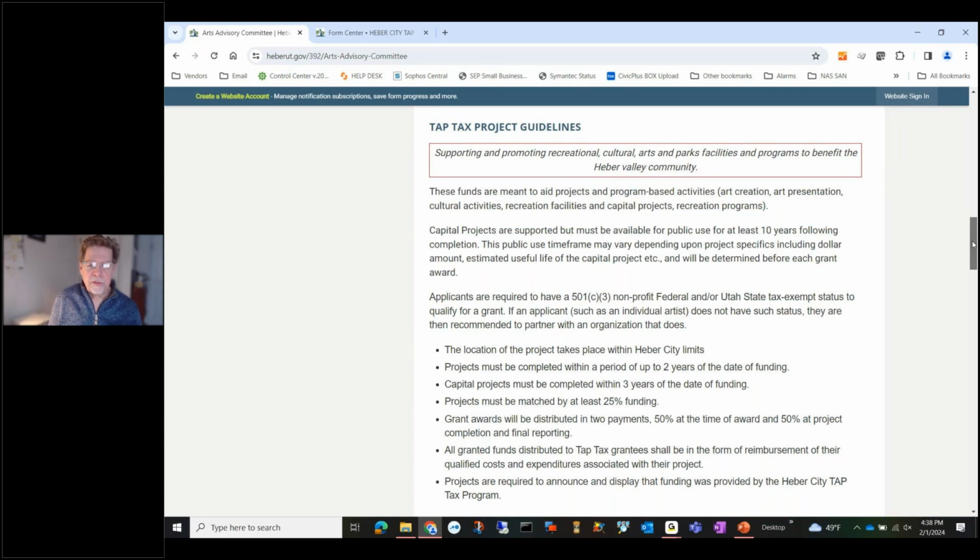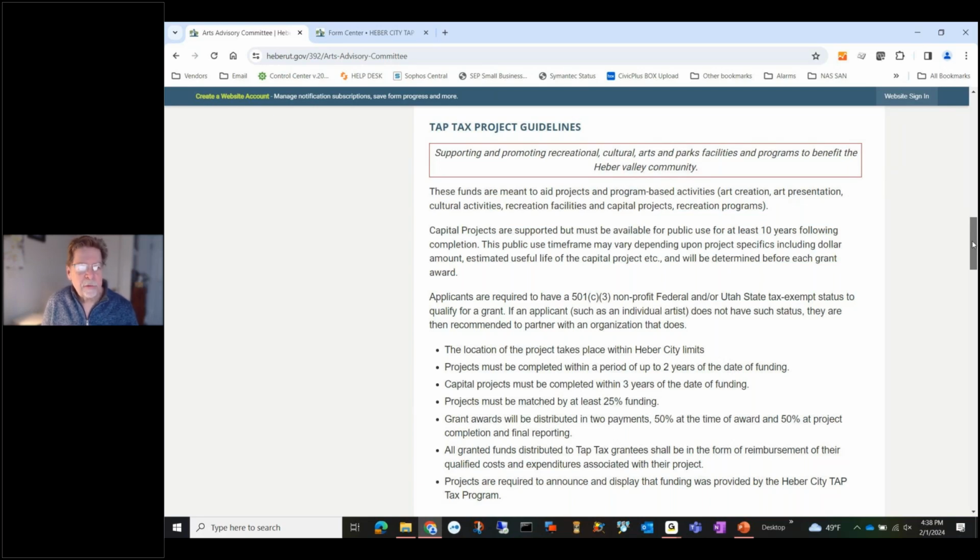One is program-based activities or specific art creation projects that are more or less exemplary of creation, presentation, and cultural expression.